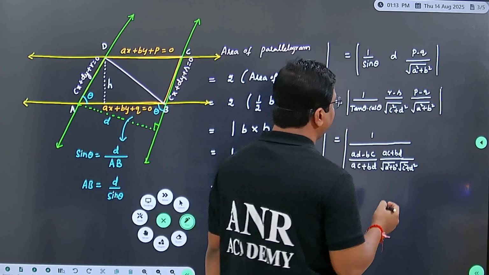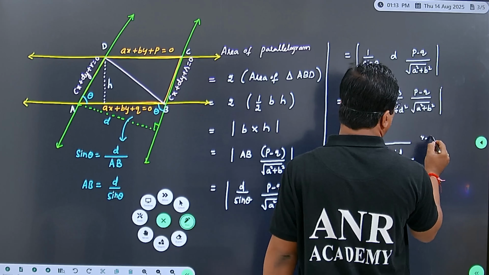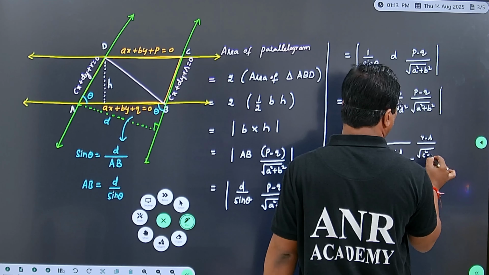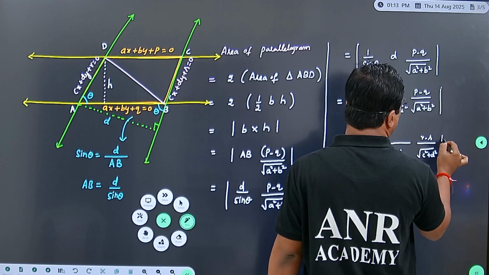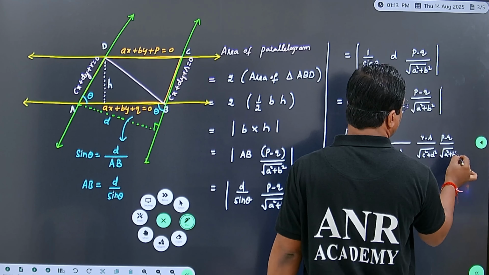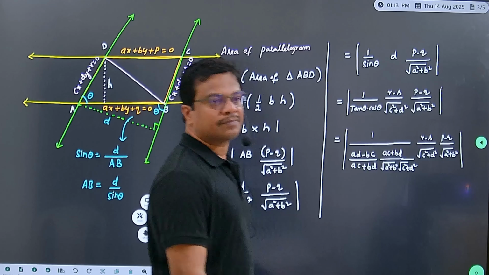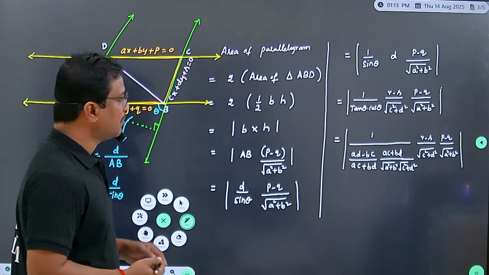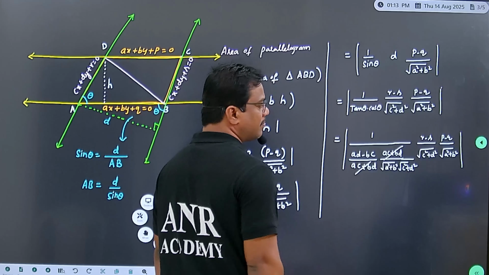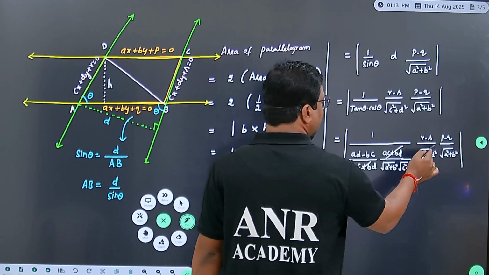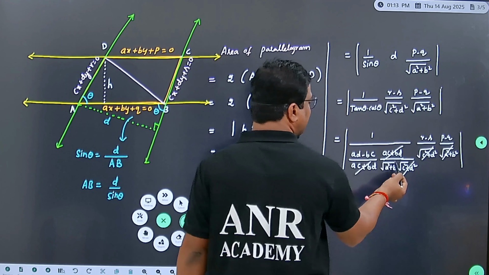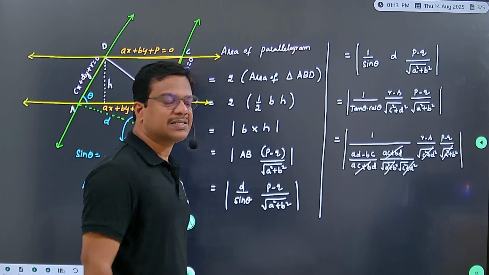Next, the remaining terms: R minus S divided by root over c square plus d square, and P minus Q divided by root over a square plus b square. Now these two get cancelled. Also root over c square plus d square with root over c square plus d square, and root over a square plus b square with root over a square plus b square get cancelled.